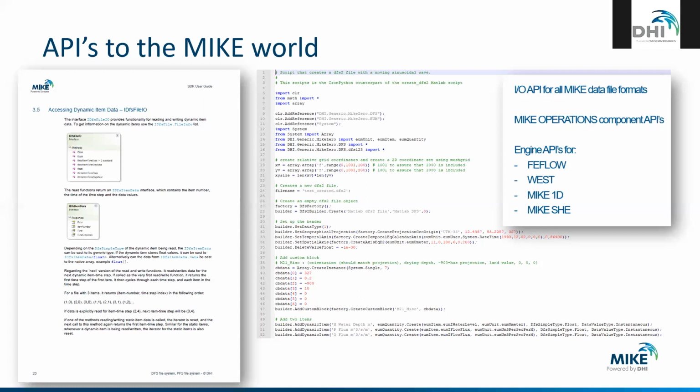Mike 1D, which is the computational engine in our 1D river channel software, so that's Mike Hydro River. And our urban pipe flow modeling, that's Mike Urban Plus software, that's the computational engine. And MIKE SHE, which is the fully integrated hydrological simulation software. So all of those engines, we have an API. The MIKE SHE one is brand new. It's just out in update number 1.